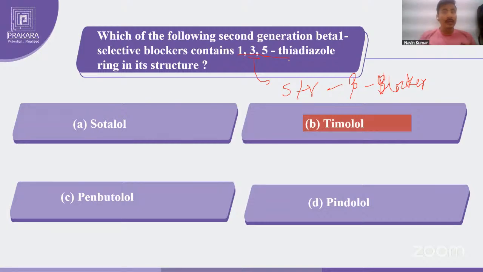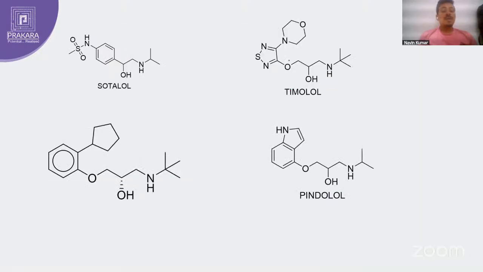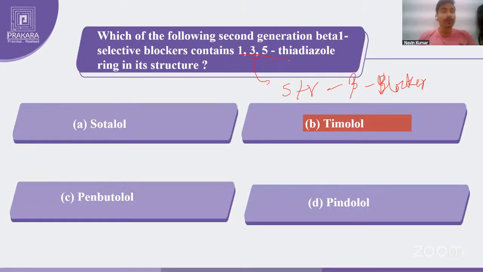As per the GPAT conducting board, the given answer was timolol that year, but the question was eliminated after that, and all the attempters received the 5 marks for this question. In 2019, a lot of questions were like this; if I remember precisely, it was either 4 or 5 questions where the given options were not correct.